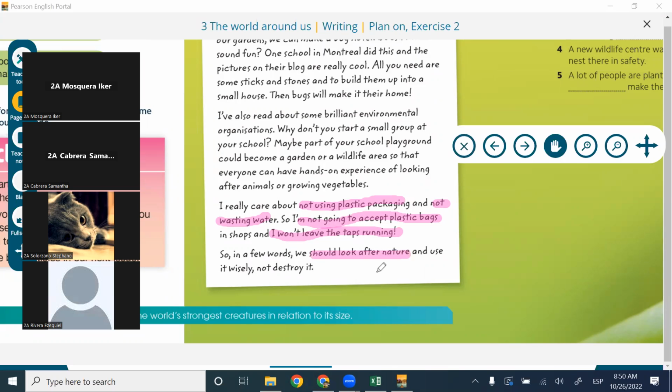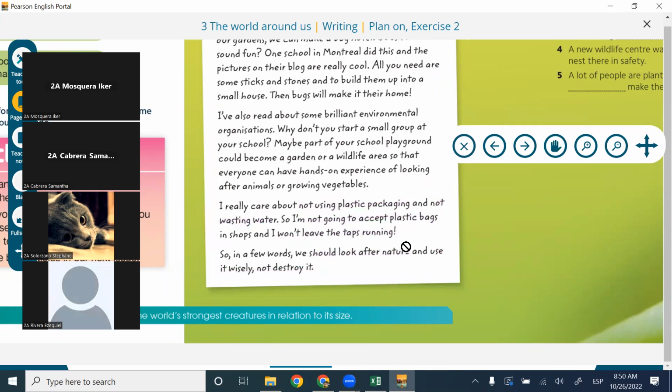We should look after nature and use it wisely, not destroy it. Okay, that is the conclusion. We have option number 3 and the conclusion of this part. Thank you, Eileen.